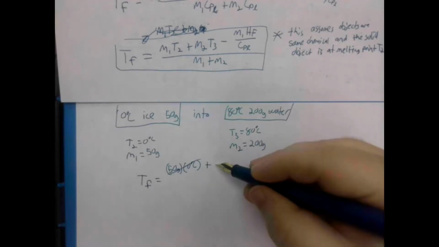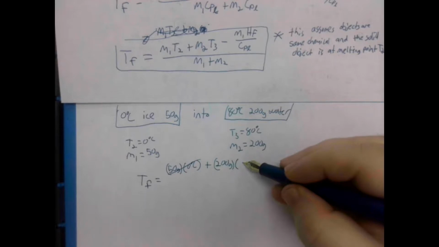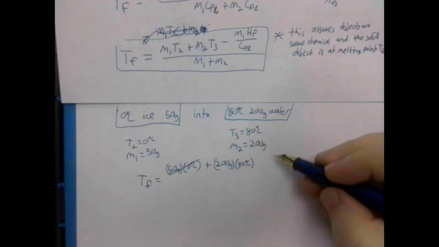Plus mass 2 is 200 grams, and T3 is 80 degrees Celsius, minus 50 grams times heat of fusion, which is 334, divided by the CP of the liquid, 4.184, all divided by the sum of the masses, 50 plus 200.